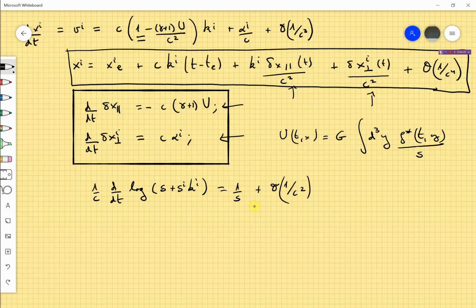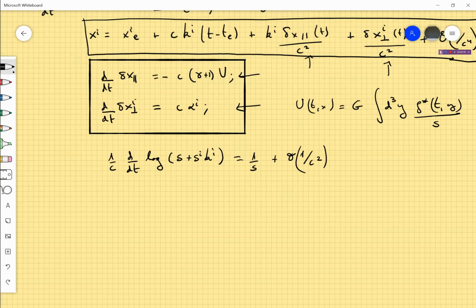Now we are going to make use again of the fact that we are in this slow motion approximation, so the derivatives of rho star with respect to time will also be of higher order in c squared, and the whole thing is a total derivative.